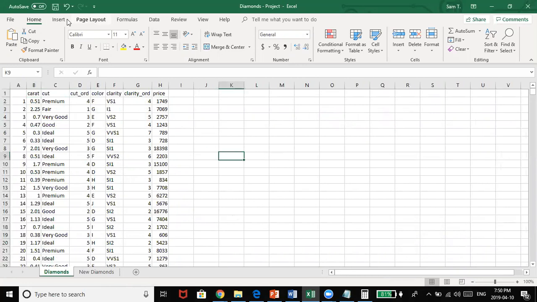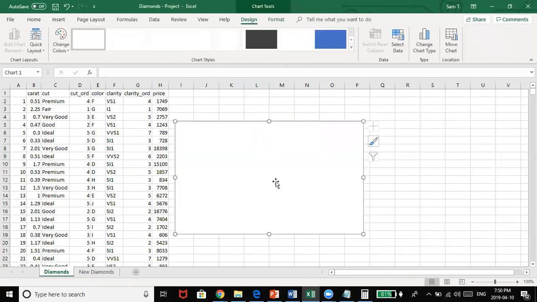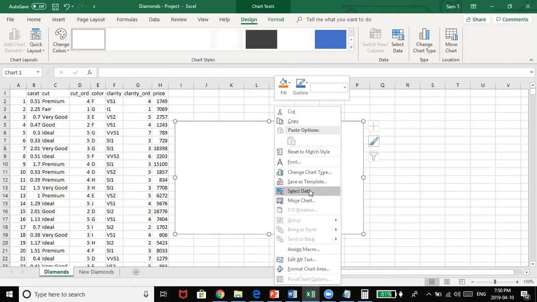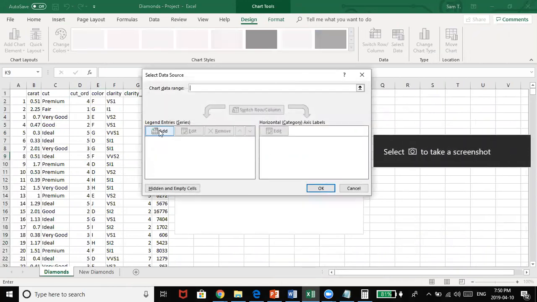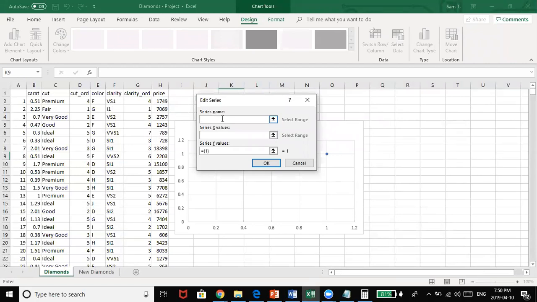You can just go to Insert and choose a scatter plot, right click, select data, add, and you can call this series diamond database, because these are the diamonds in the database.